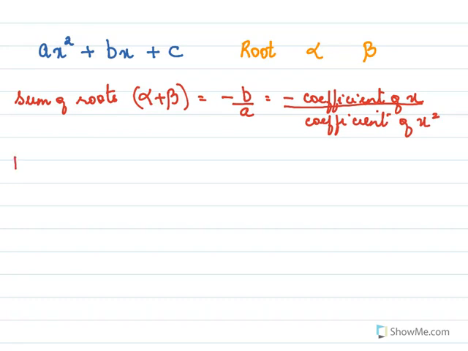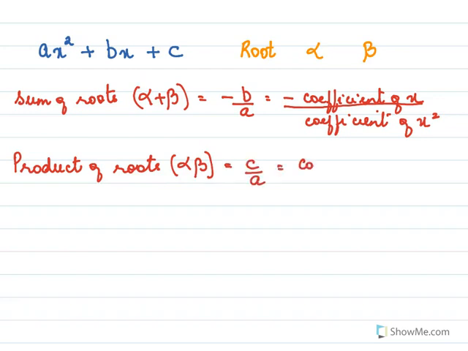We also have learned that the product of roots, which we write as alpha into beta, is equal to c by a. Now c is the constant term, not coefficient, the constant term, that is c, and over a is the coefficient of x square.